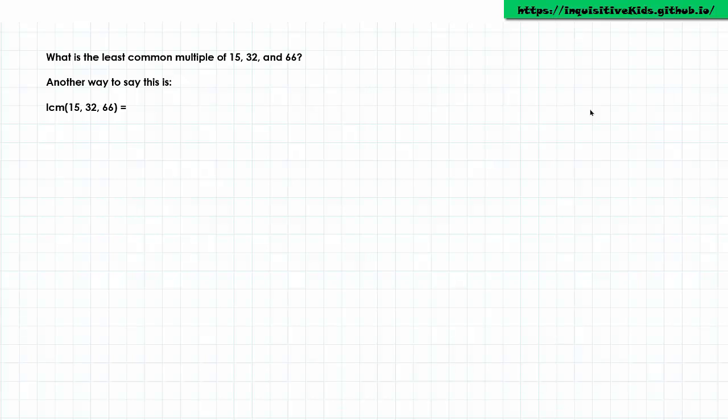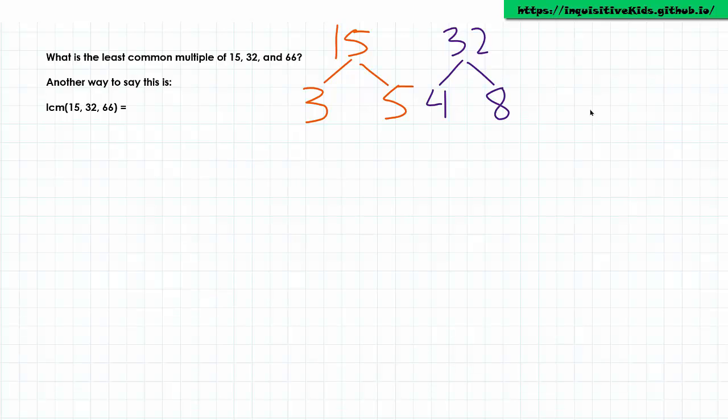Let's use the prime factorization to do this. 15 can be divided into 3 and 5. 32 can be divided into 4 and 8. 4 and 8 are not prime numbers, which means that 8 can be divided into 2 and 4. 4 can be divided into 2 and 2.